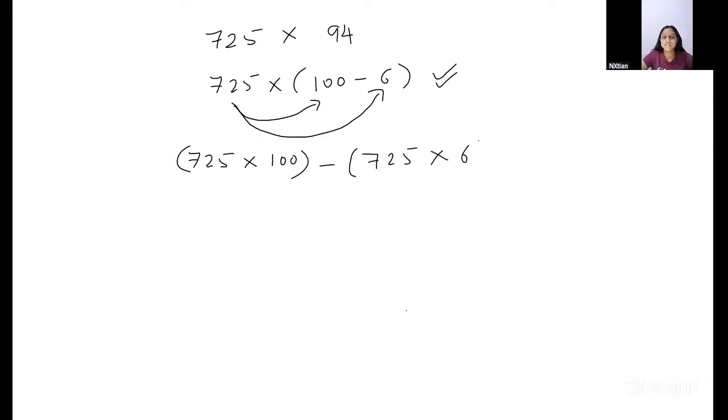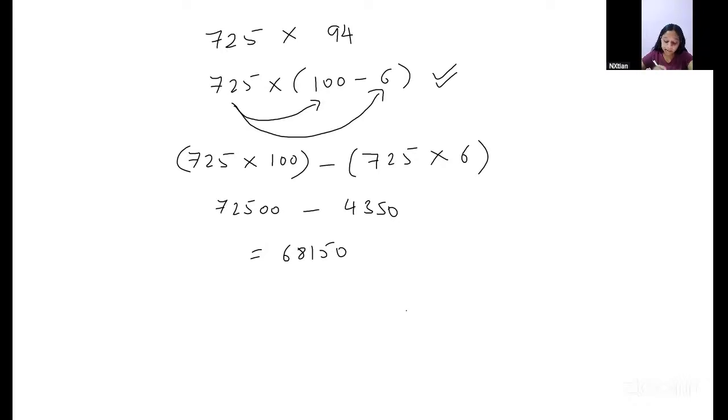Now multiply. 725 into 100 is 72500, minus 725 into 6, which is 4350. When you subtract, you will get 68150.